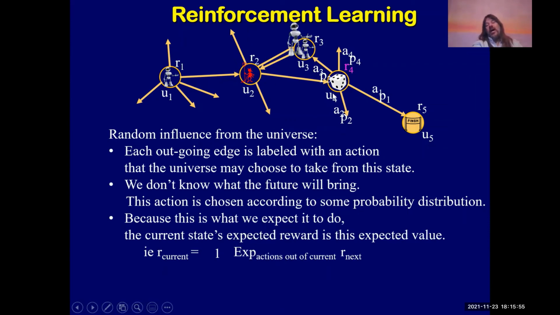And so now, because we know what this node is doing, we can write down what the current value should be, right? It's the expected value over all the various probabilities of the next node. So this is just the weighted sum of the R's of the neighbors. And because we don't need to delay the time here if we don't want, we can just keep that as a 1, right? Does that make sense?